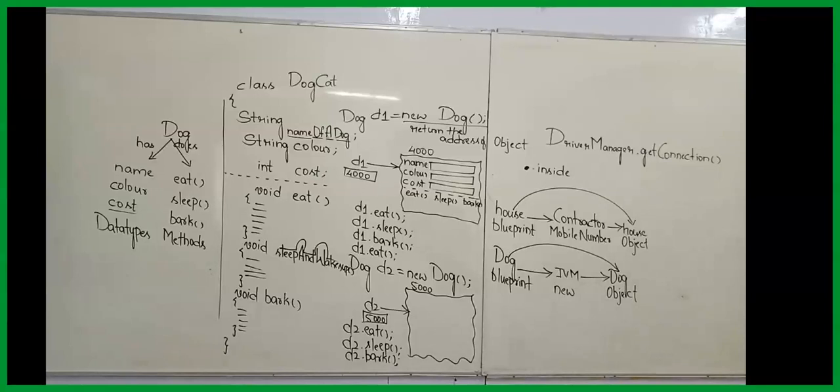How to achieve multi-threading by using one single run method or one single class. That we have done. In that, what we should do? Create one single class. Within that, I need one single run method. Next what?